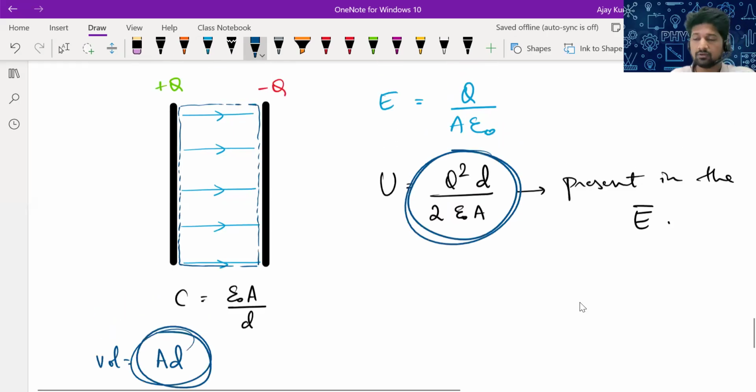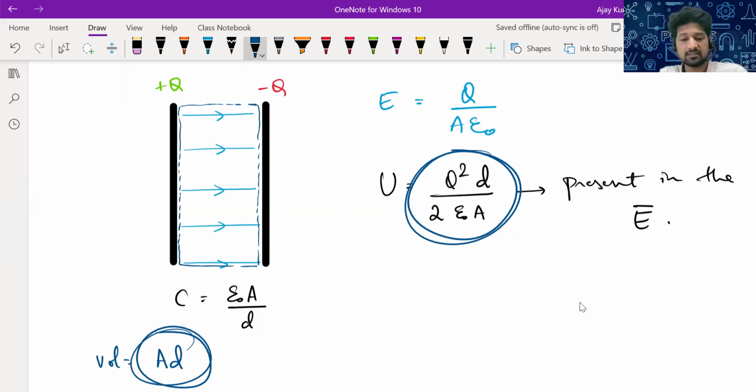And we know that the electric field between the plates of a parallel plate capacitor is uniform. If the electric field is uniform, the way this energy is spread will be uniform. You won't see more concentration of this energy on one side and less concentration on the other side. If field strength is same everywhere, then energy density or the distribution of energy will be same everywhere.